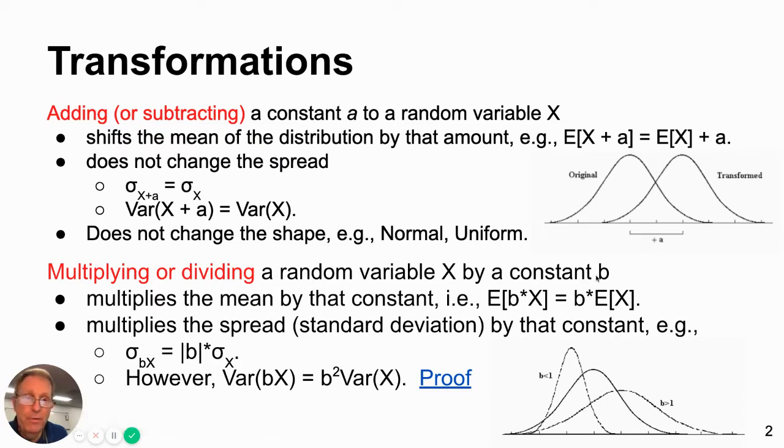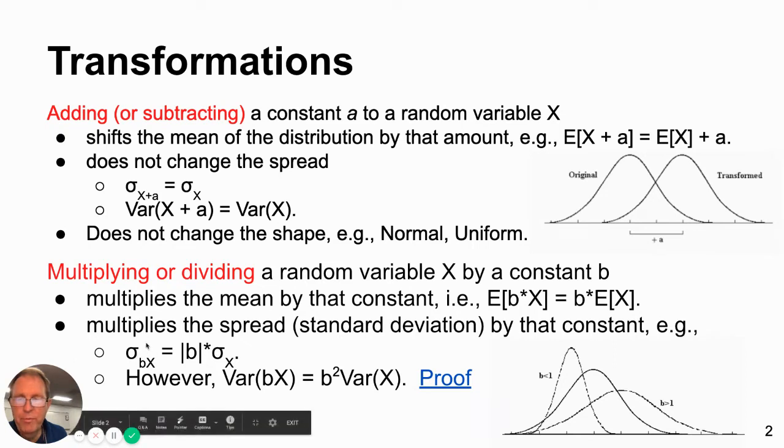If I take every observation in the distribution and multiply it by b, that means the mean also increases by a factor of b. So the mean of the distribution of bx is equal to b times the mean of x, or the expected value of x. But what happens to the spread? Well, the spread of the new transformed variable bx is equal to the absolute value of b times the standard deviation of x.